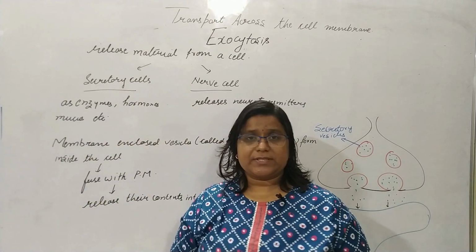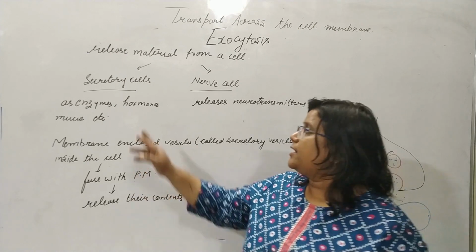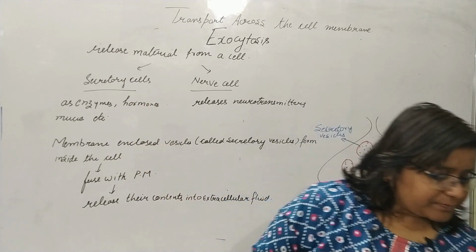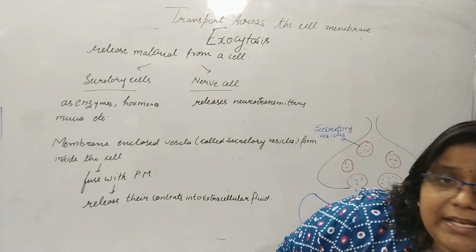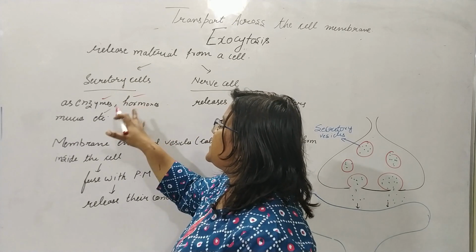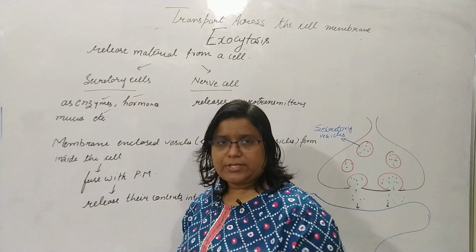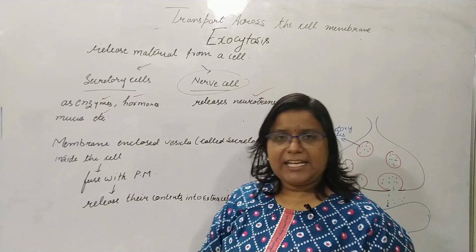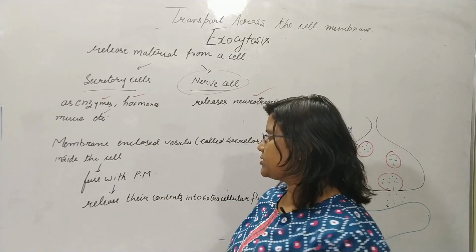The secretory cells that release enzymes, hormones and mucus show exocytosis, and in nerve cells neurotransmitters are released by the exocytosis process.